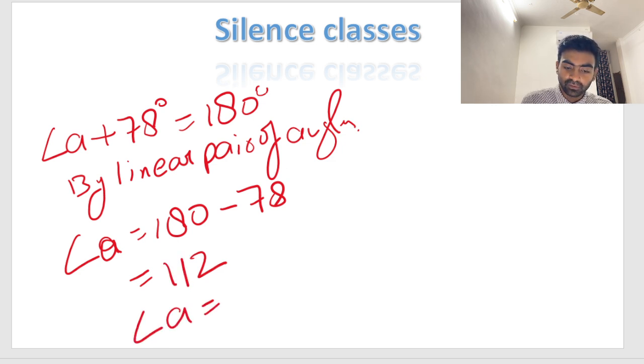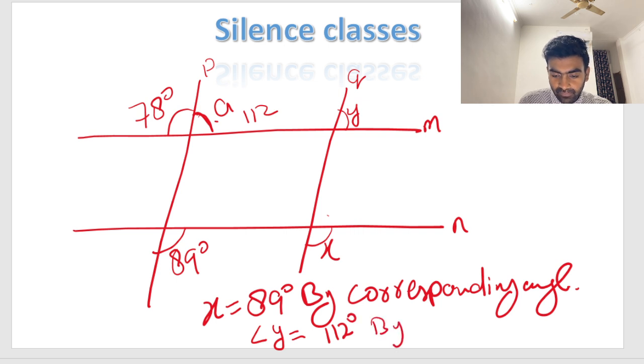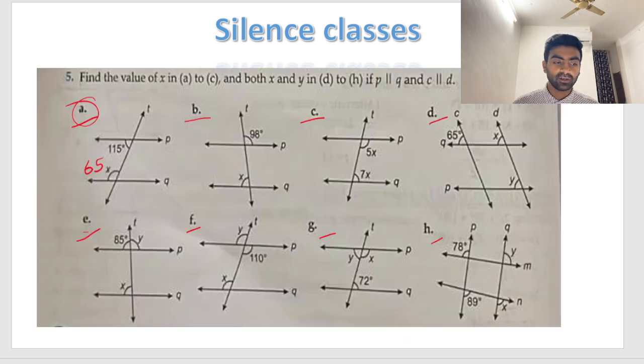Angle A is equal to 102 degree. Once we got the value of A, we got the value of Y by corresponding angles. So angle Y is equal to 102 degree by corresponding angles. I hope you guys understood.